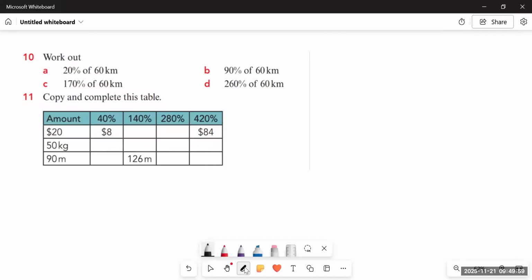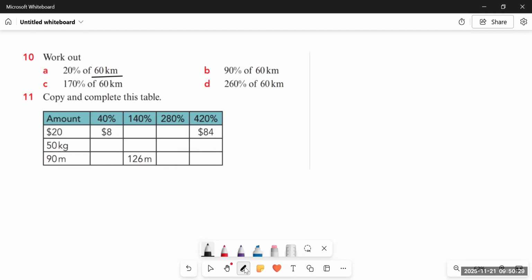In question number 10, we simply have to work out 20% of 60, 90% of 60, 170% of 60, 260% of 60. So, students, if you remember, I told you that if you calculate 10% of something, calculating any multiple of 10 would become easy for you, right? So, in all these cases, we have to calculate a percentage of 60.